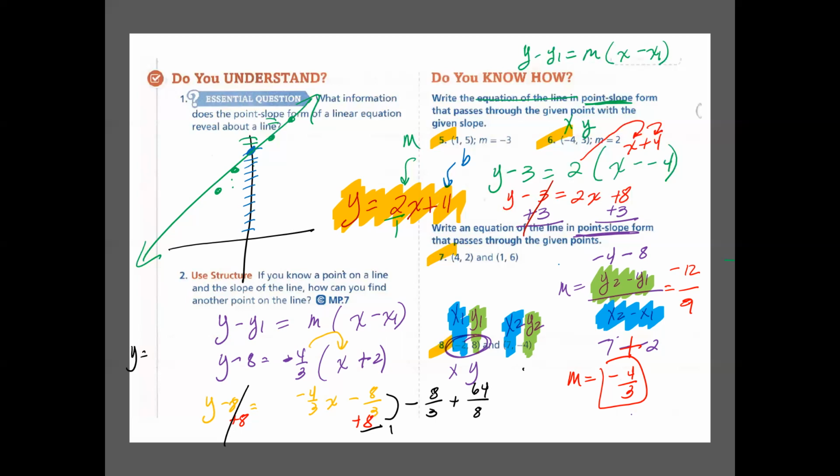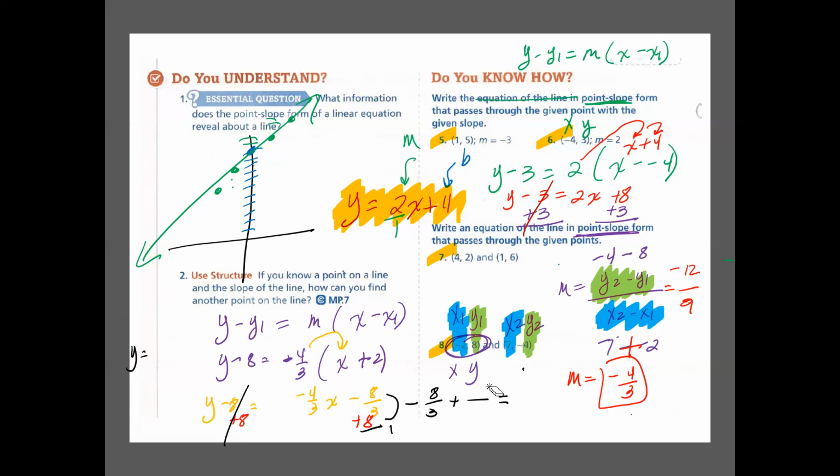So then, what is negative 8 plus 64? I am going to get a positive 56 over 8. Which is going to be, oh, you know what? I made a typo. I don't know why I decided to put an 8 when it's supposed to be a 3.